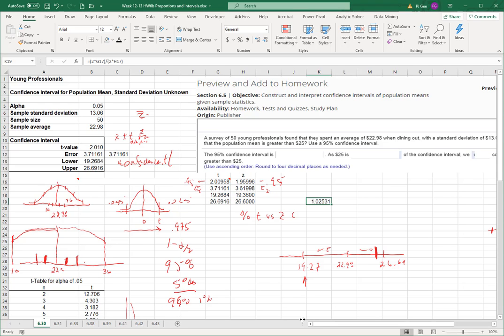So that's why we cannot conclude that the population mean is greater than 25, which would be this direction. We do include part of the scale that says it could be greater, but more of it is way down below. It could be as low as 19.27 at the 95% level of confidence.